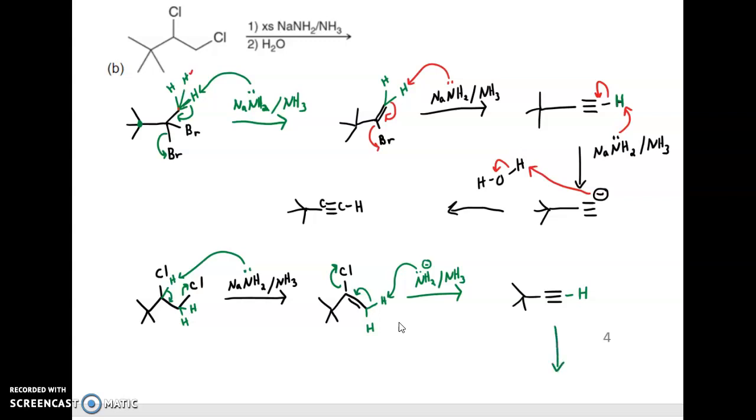There's more sodium amide hanging out, and so once again the proton is snatched, and this negative charge ends up on the carbon that has the triple bond. There's a carbon here, and it's got a negative charge. When we treat with water, we reprotonate that position.